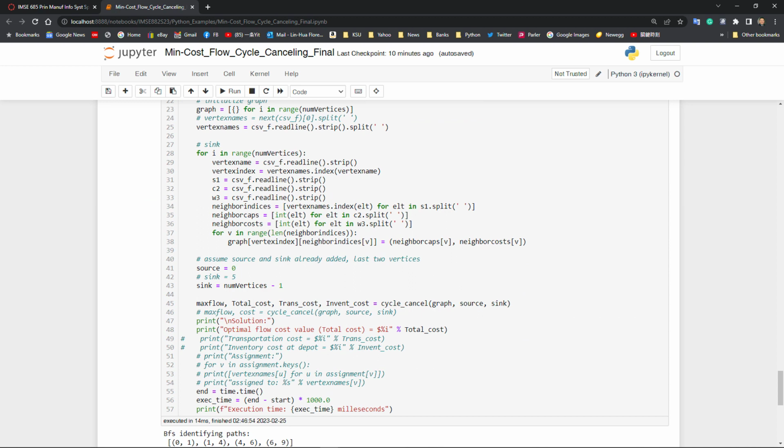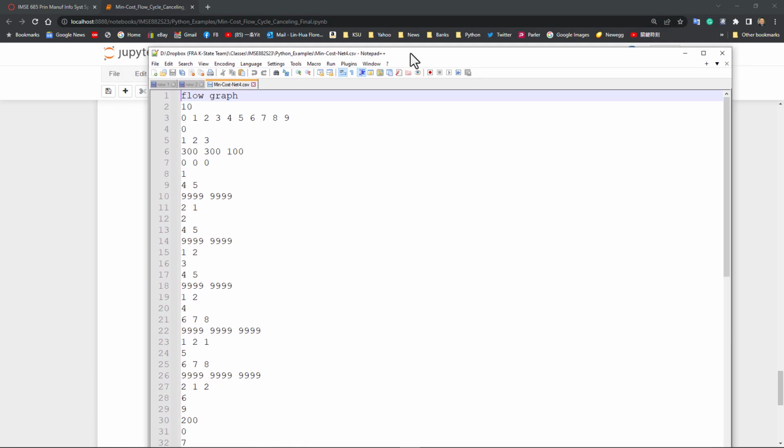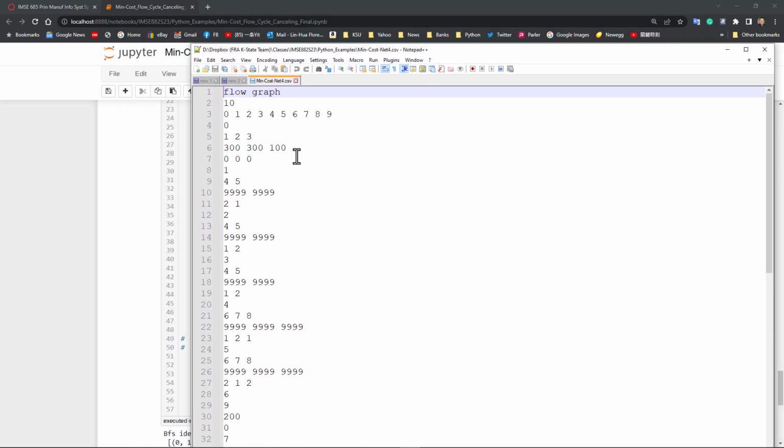Next, I want to demonstrate how the CSV file is presented. This is a CSV file, and we have right here: the first number is the number of nodes in the network. Second is the node number.